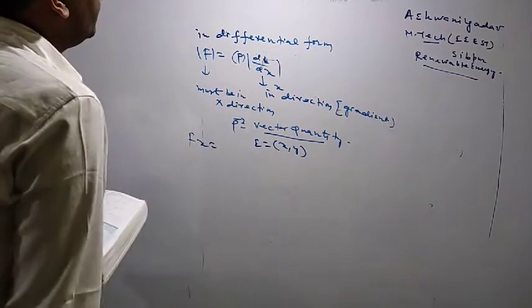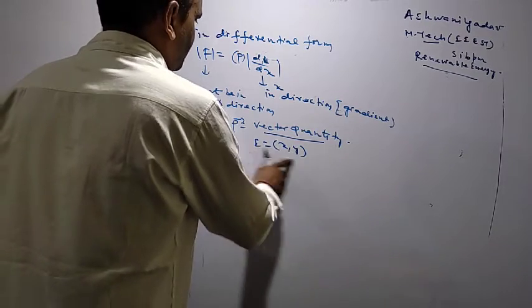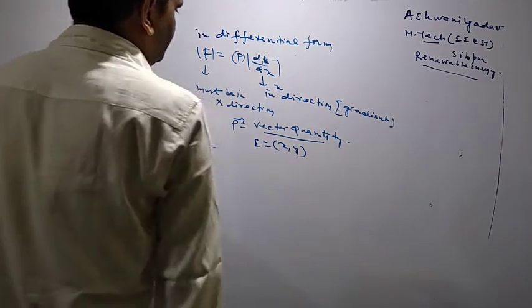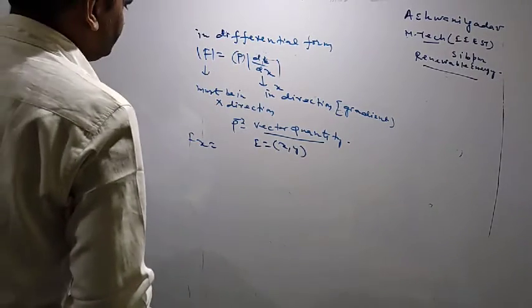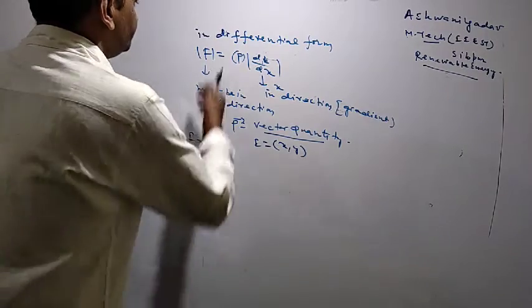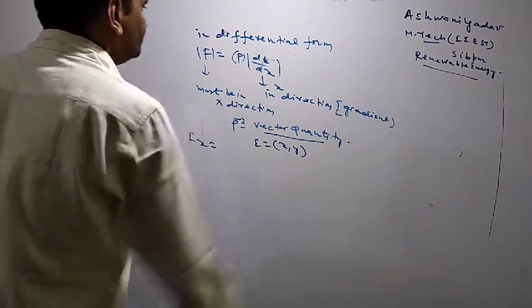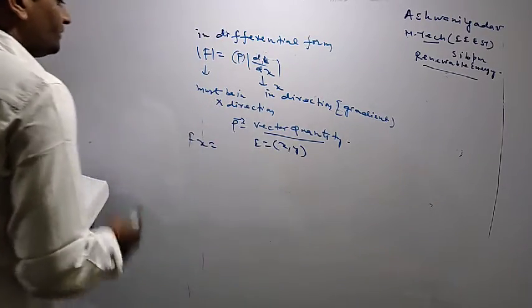Suppose we are considering two dimensions. So what happens when you are given an electric field in a space coordinate and you need to find the force? These are the conditions actually. I am going to generalize this statement in a more general way.